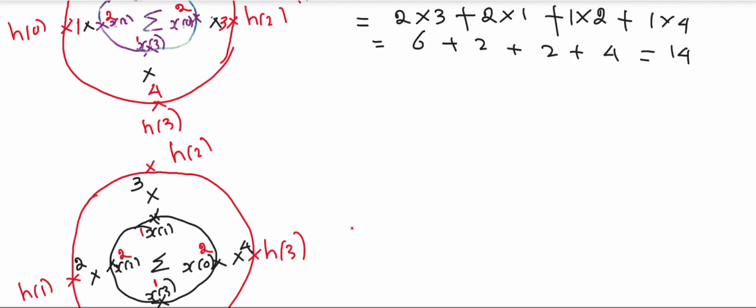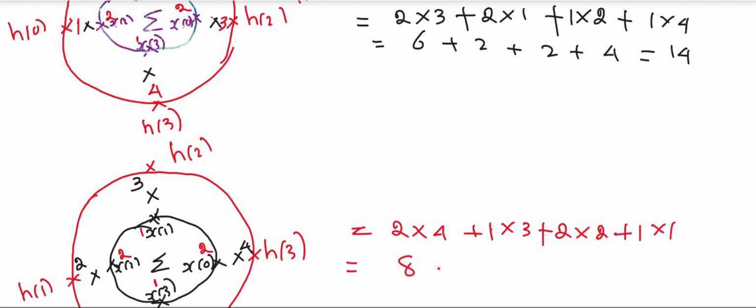Now you compute the convolution sequence by multiplying the values sitting on the same angular position. So, 2 into 4 plus 1 into 3 plus 2 into 2 plus 1 into 1. So 2 fours are 8 plus 3 plus 4 plus 1, which is 16.